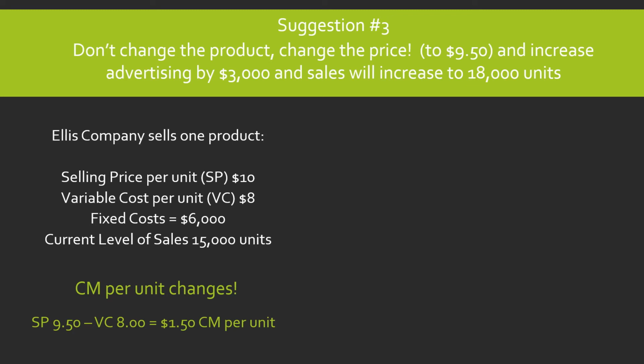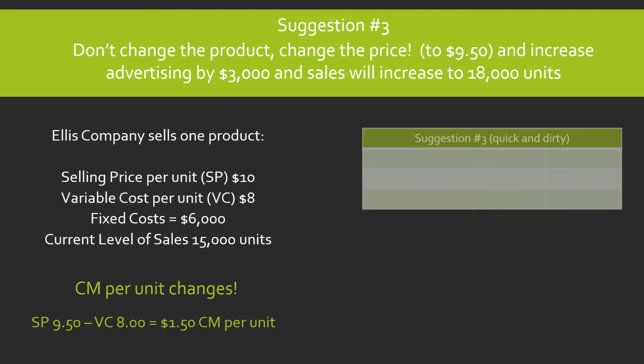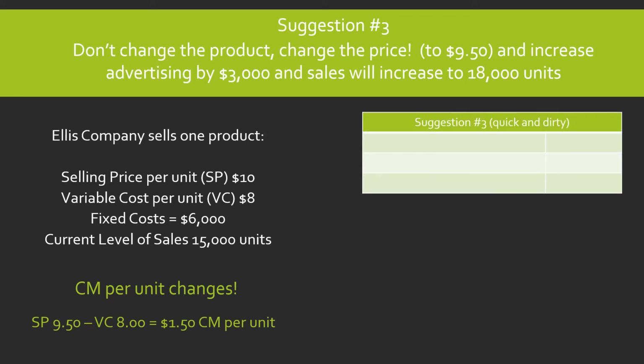When I go to calculate my quick and dirty net income for suggestion 3, I want to take the 18,000 units times the new contribution margin of $1.50, and this will give me contribution margin of $27,000.